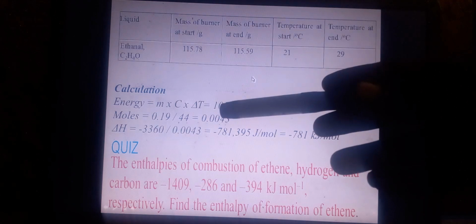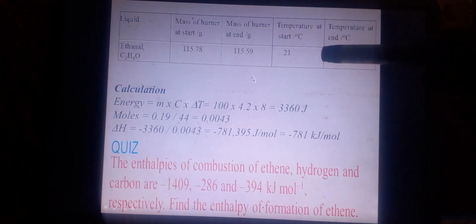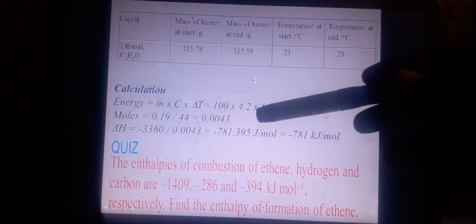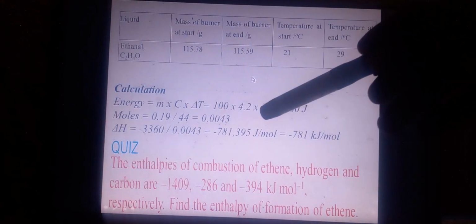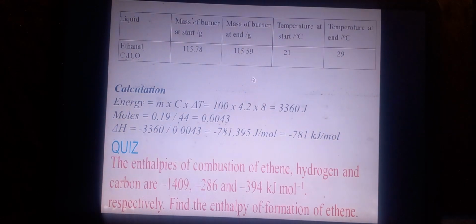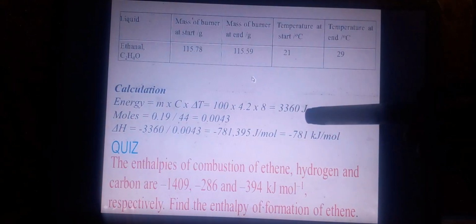So we shall get 100 grams times 4.2 joules per gram per Kelvin times the temperature difference, which is 8 degrees Celsius. But we give our value in terms of Kelvin so that the units are uniform, so we multiply by 8 Kelvin. If you carry out the computation, you will get 3,360 joules of heat.